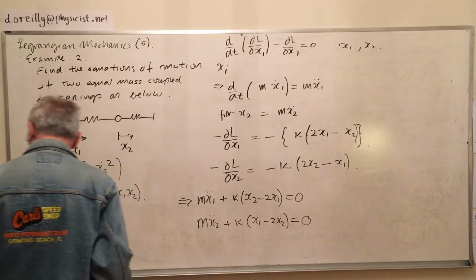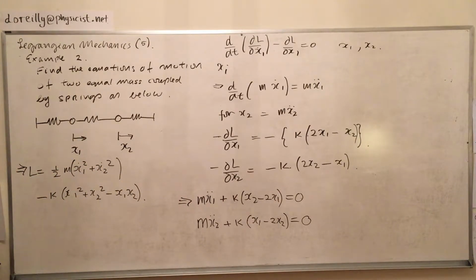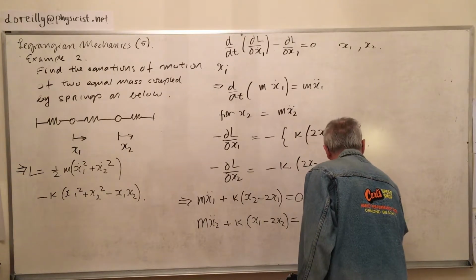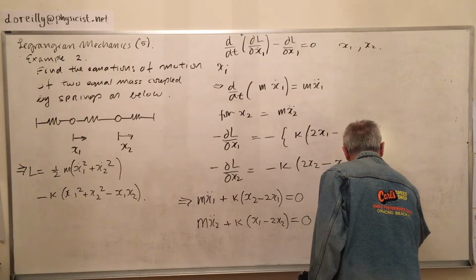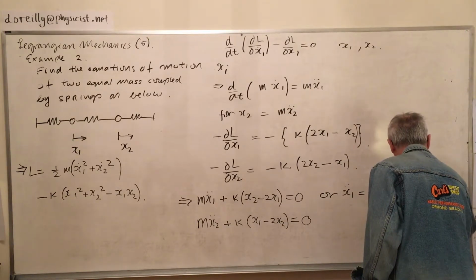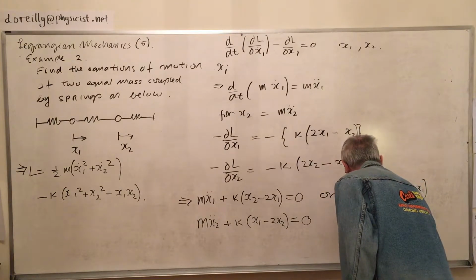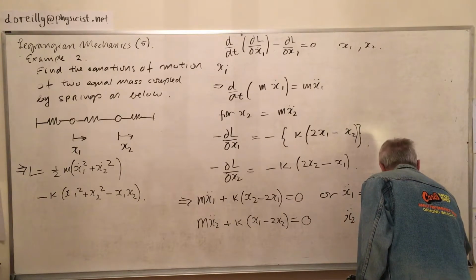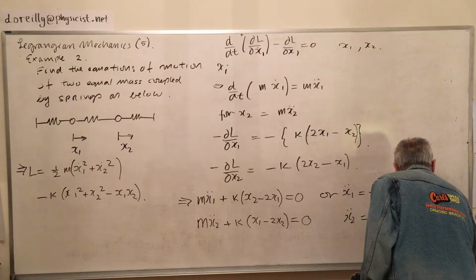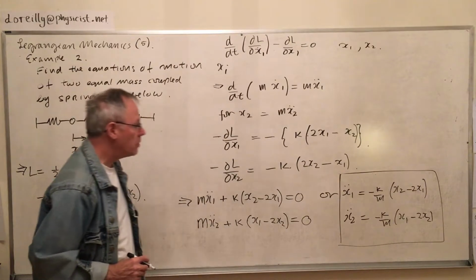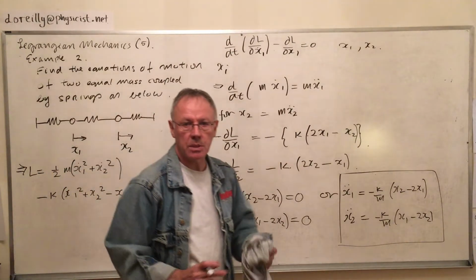And we get that set up. Now let's see if that's correct. Yeah, that's correct. So these are the required equations of motion. That's our equations of motion as requested for coupled masses on a spring.